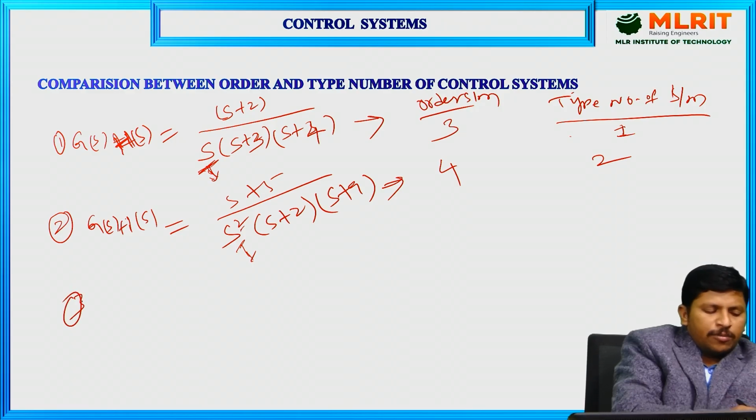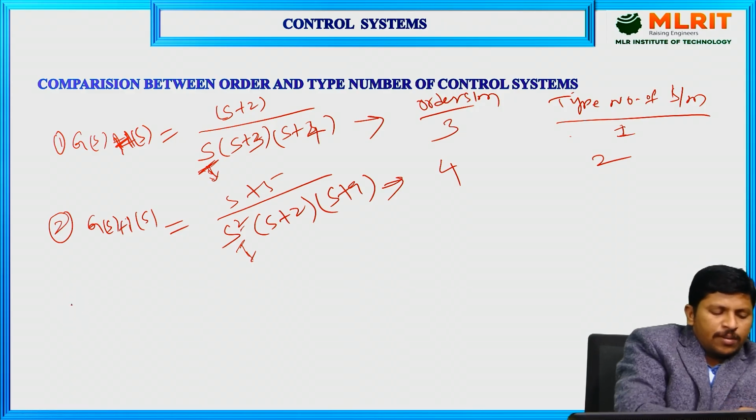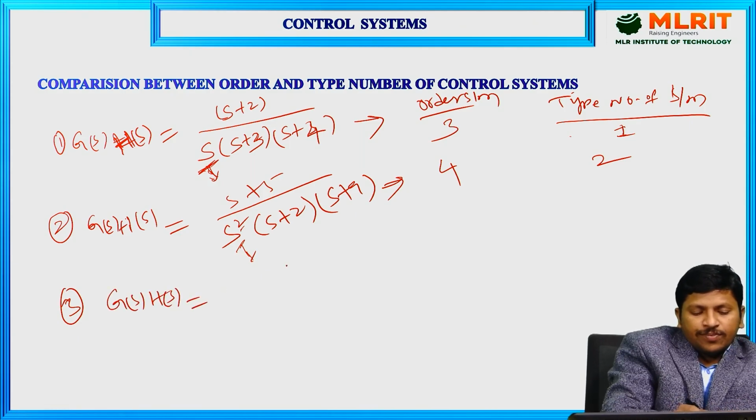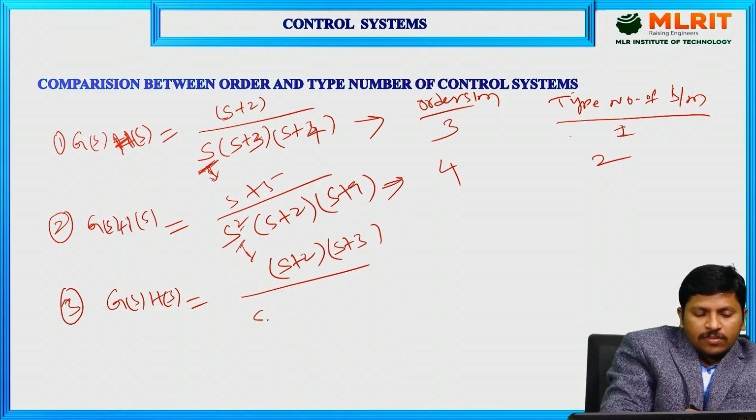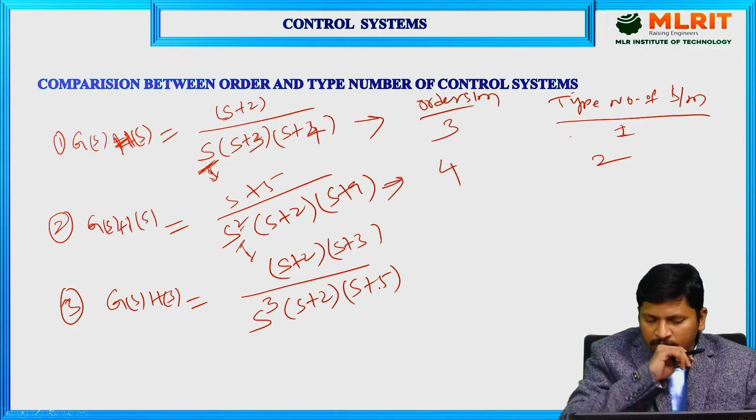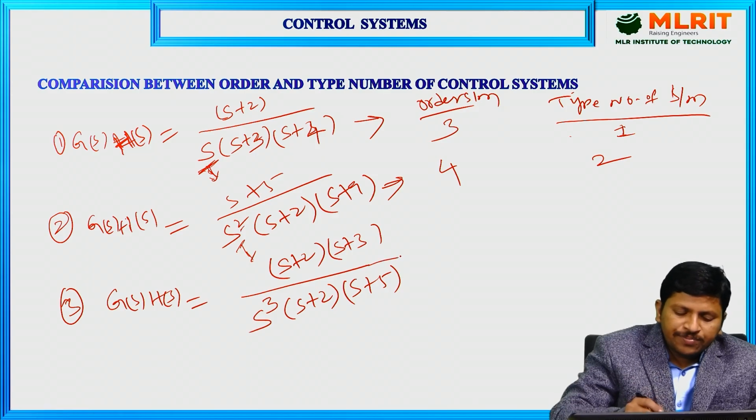Next, I am going to consider one more example. Here G(s) and H(s) equals (s+2)(s+3) divided by s cube into (s+2)(s+5)(s+6).